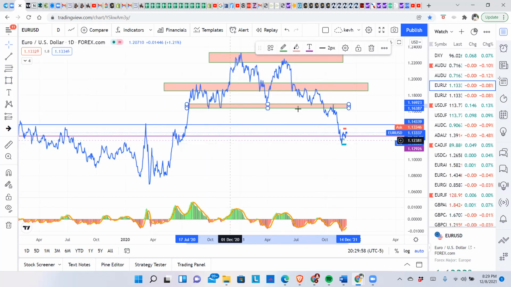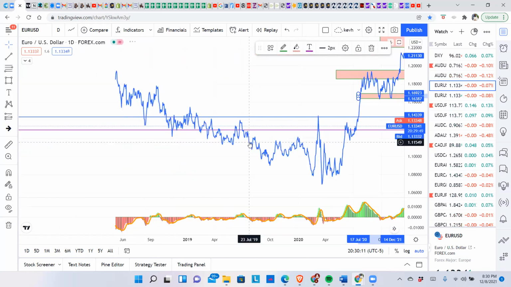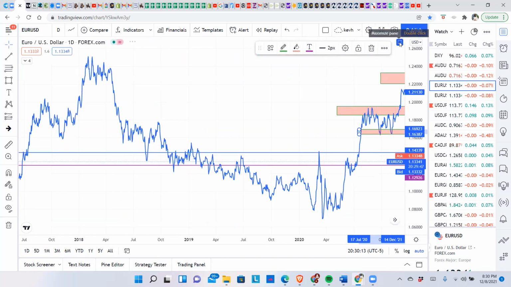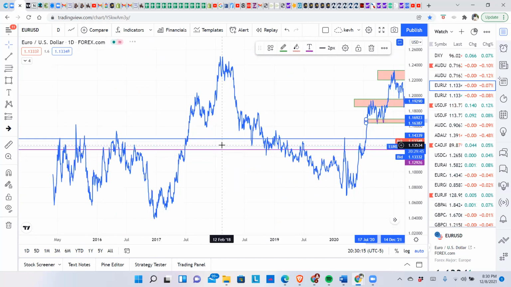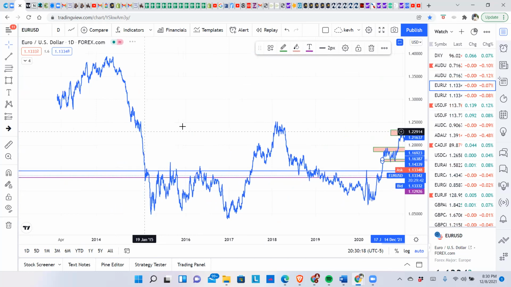And mind you, this is on the daily time frame, which means however many pips you're getting here, this is a really, really big move for you to capitalize on. If you are able to see that, then you can definitely take advantage.